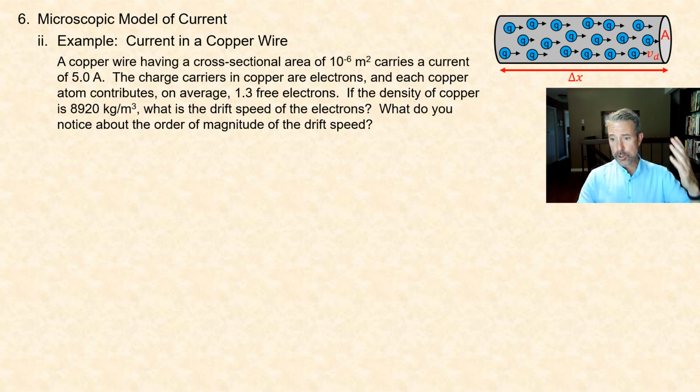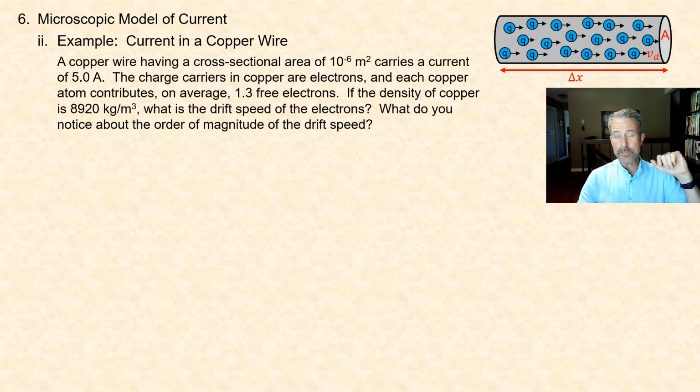Certainly the force is weakest on those outermost electrons because they're furthest away from the nucleus, and those outermost electrons also experience what we call the shielding effect, that is repulsion from inner shell electrons. So those are the most weakly held electrons. On average, only about 1.3 electrons in a given copper atom are free to escape that atom entirely and move freely, contributing to the electric current we're talking about in this problem.